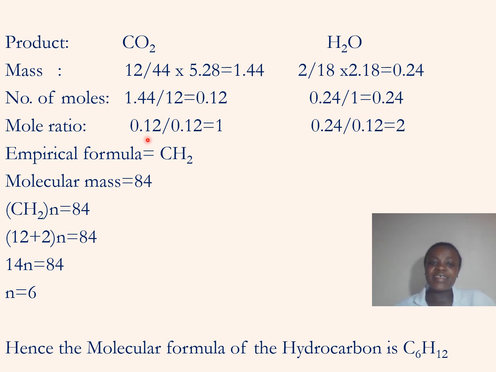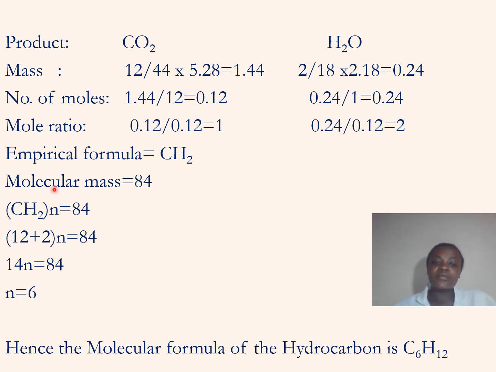So again, get the mole ratio by dividing by the smallest number of moles, which is 0.12. So the mole ratio was 1:2. Therefore, we can get the empirical formula as that of carbon, which is C, corresponds to ratio 1, and hydrogen corresponds to ratio 2. So the empirical formula is CH2.